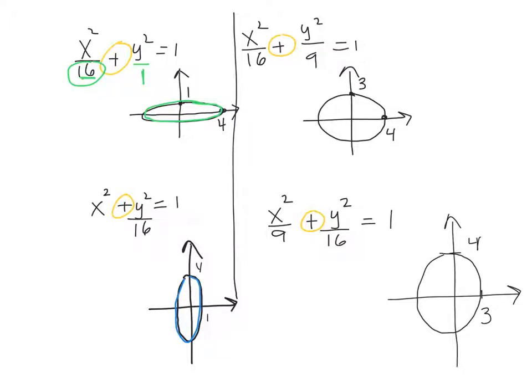And on the second one, it's not that much bigger, but the denominator of x squared is bigger, and so it does open horizontally. Okay, and then on these bottom ones, the denominator of y squared is bigger on both, and they open vertically.